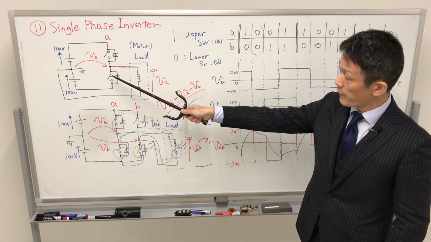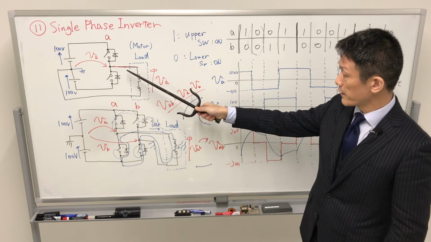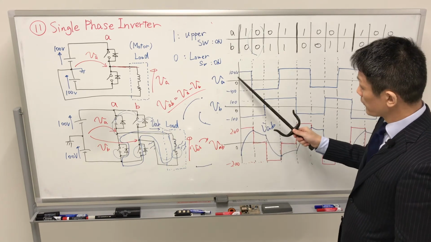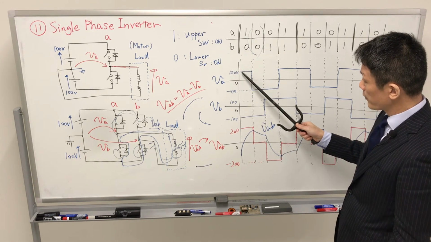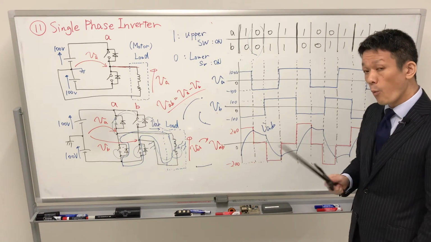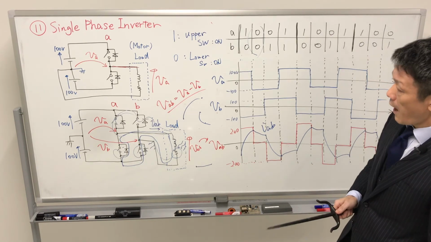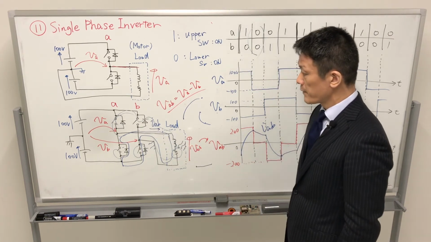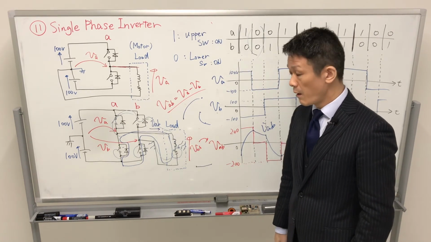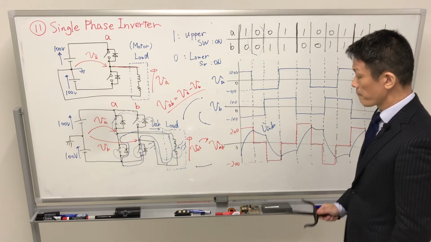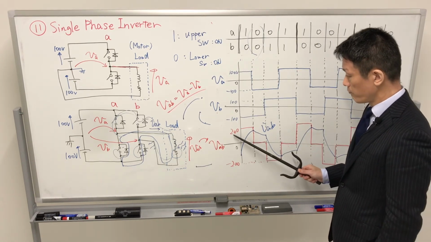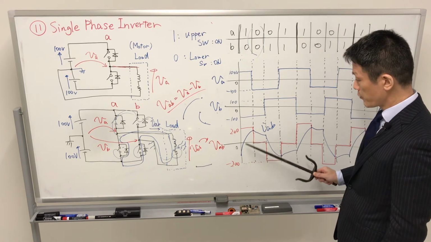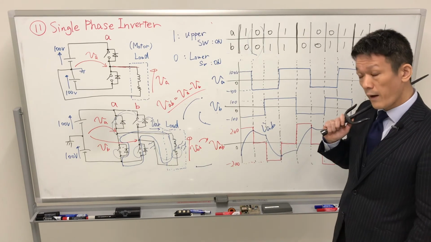With this type of single-phase inverter, the output voltage is only 100 volts peak to peak. However, using 2 times the number of power semiconductors, we can obtain 2 times the voltage, 200. Peak to peak means 200 volts.